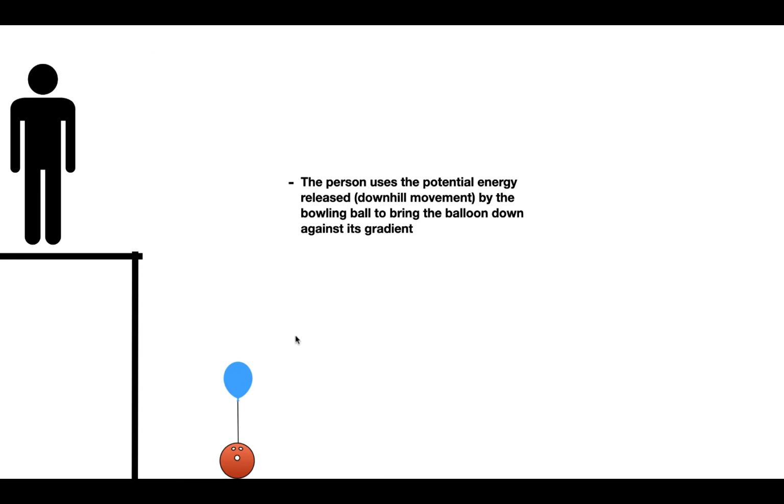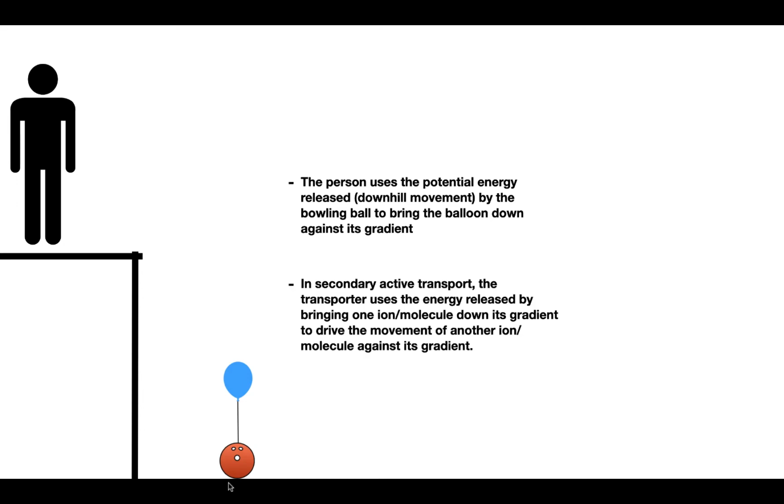But when we tied the balloon to the bowling ball, the balloon was forced down with the bowling ball, because the bowling ball released energy, which allowed the balloon to be dragged down with it. This is very similar to secondary active transport, in this case cotransport. In secondary active transport, the transporter uses the energy released by bringing one ion or molecule down its gradient to drive the movement of another ion or molecule against its gradient.